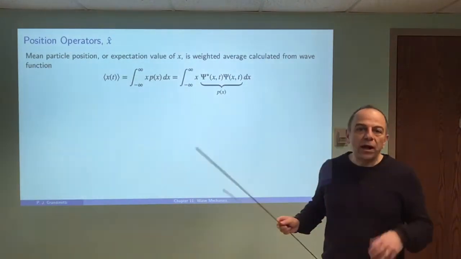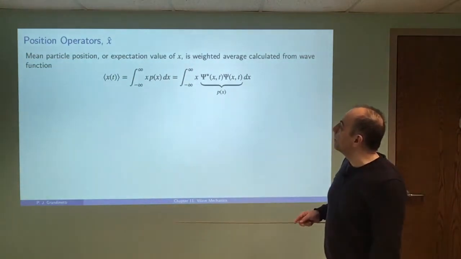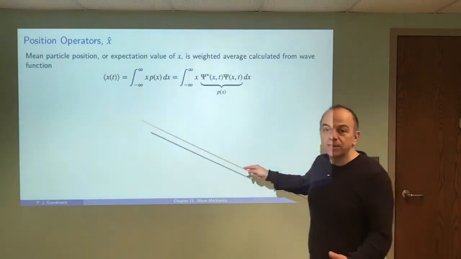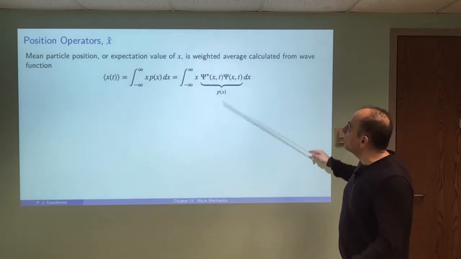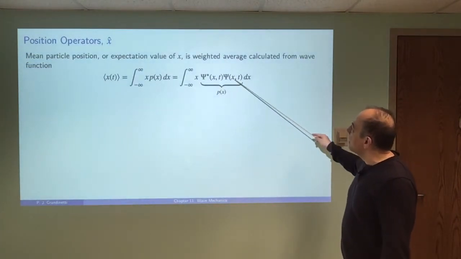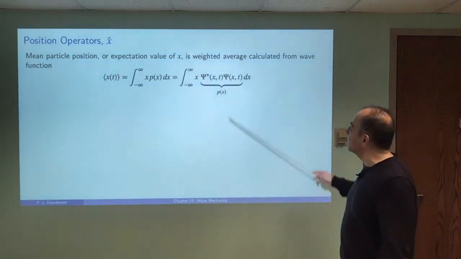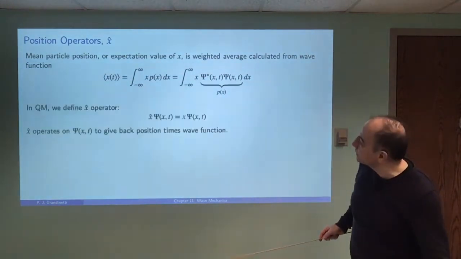If we want to get the mean position of the wave function, we're going to take the wave function, multiply it times the probability function, and integrate it over all space. Now, in quantum mechanics, the wave function times its complex conjugate is going to give us the probability density. So that's going to work out to be this integral right here.